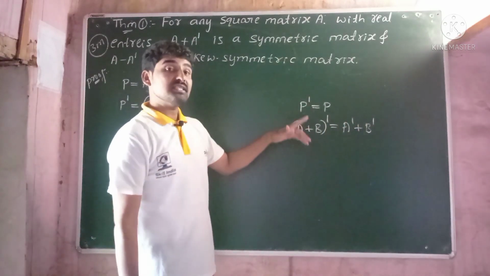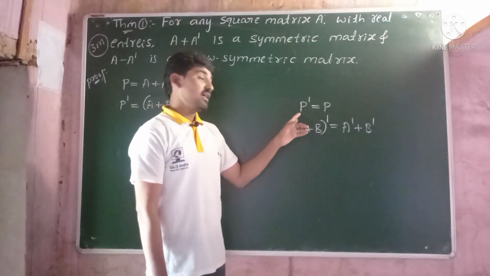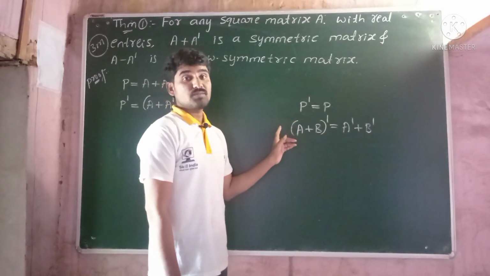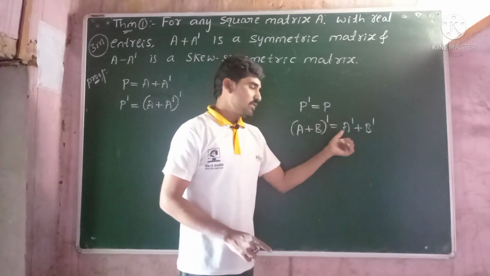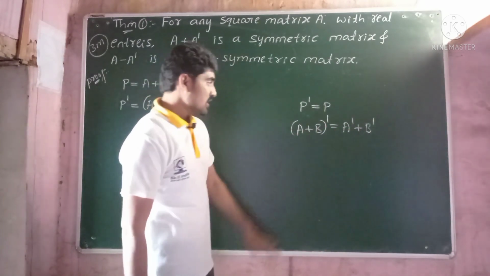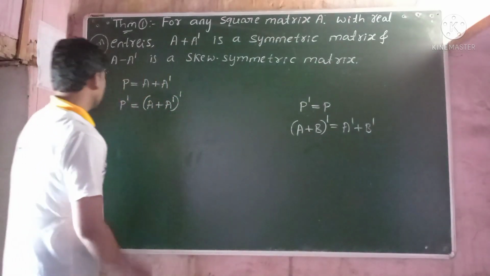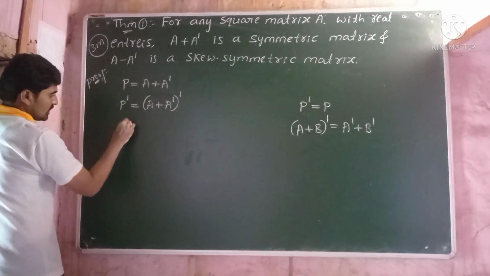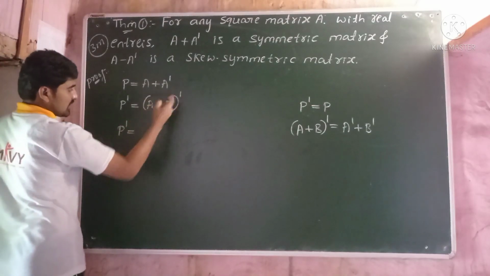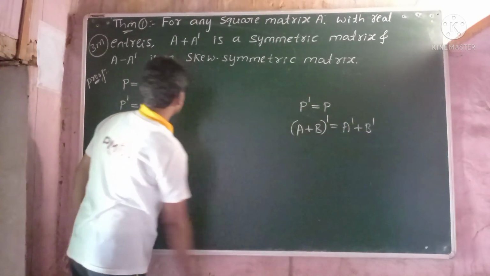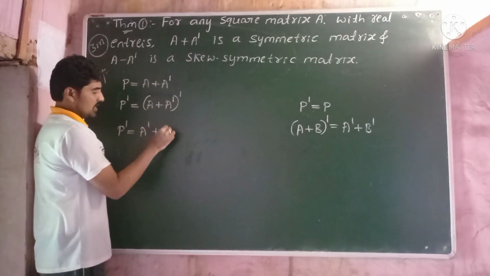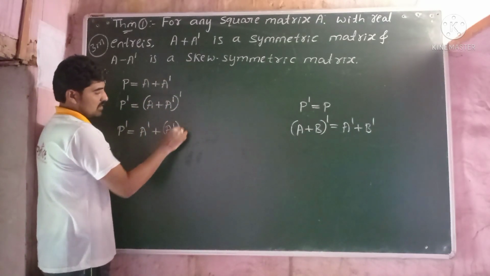When we were discussing the transpose of a matrix, I already discussed the properties of transpose of a matrix. Among that, A plus B whole dash is equals to A dash plus B dash. So by using this property, P dash is equals to A dash plus B dash, where B is A dash, so A dash whole dash.